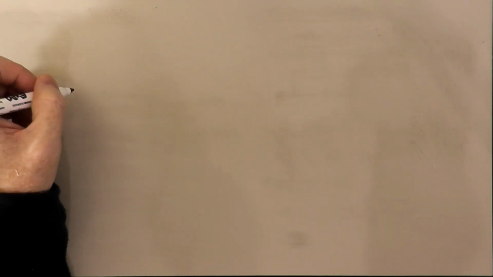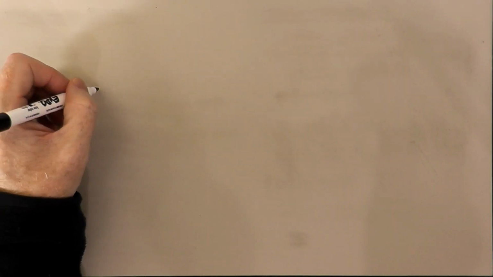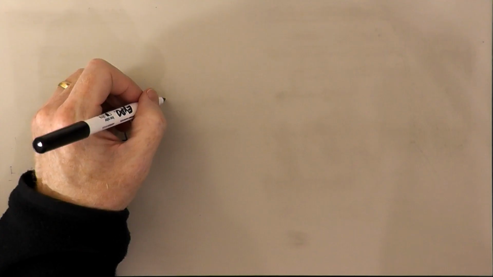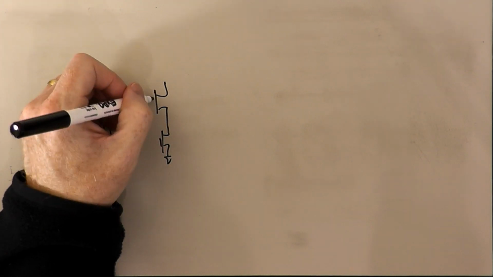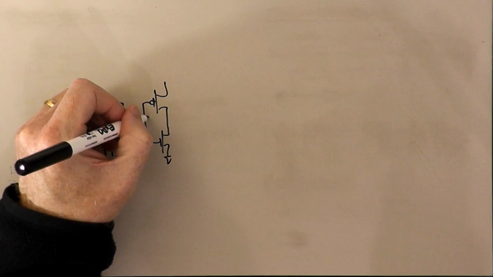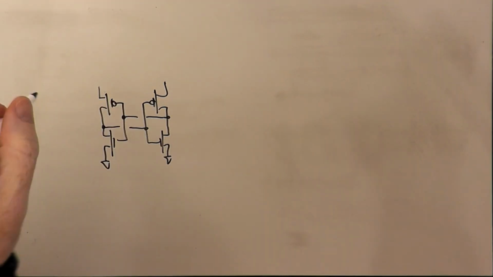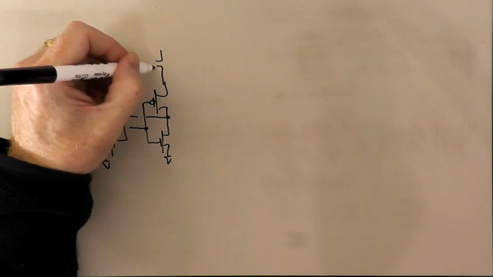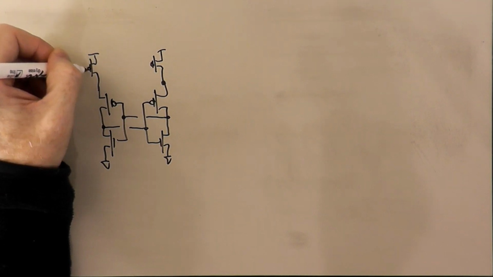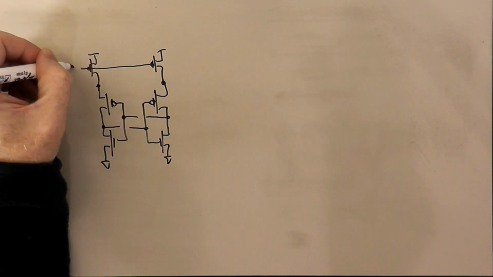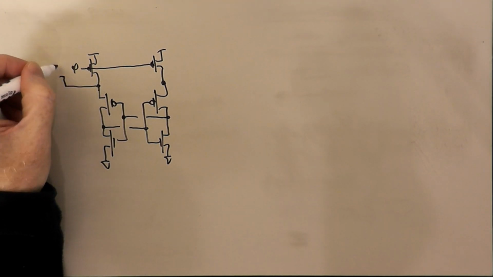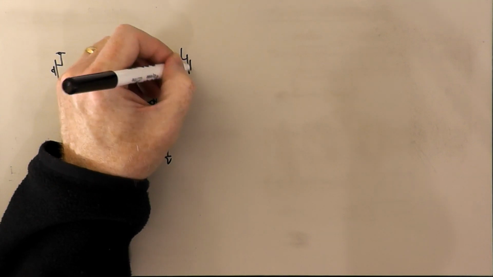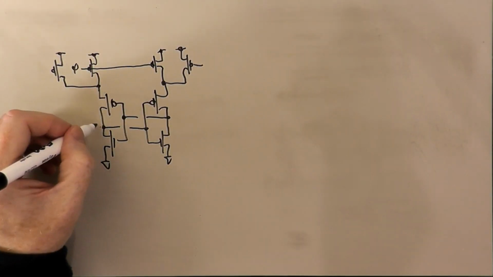So we could have something like this, so there's our cross-coupled inverters, and we have our R and S inputs, and we have our clock.